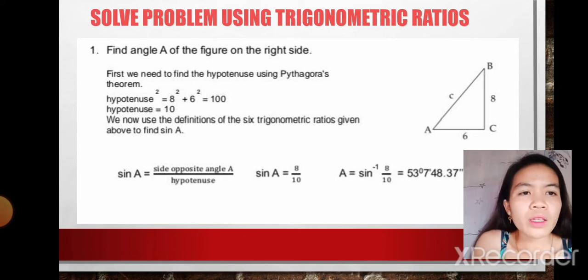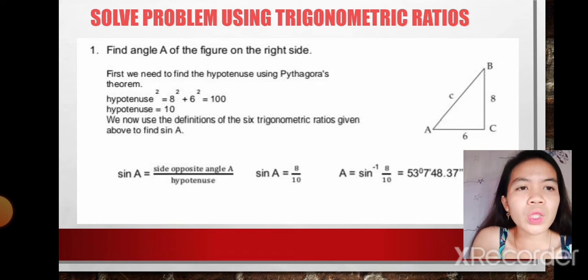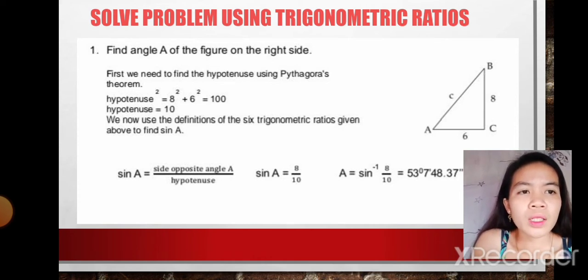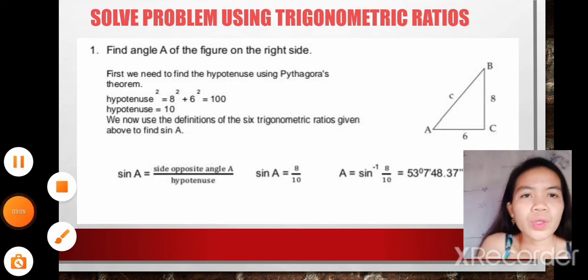So, A is equal to sin raised to the power of negative 1 of 8 over 10, which is equal to 53.13 degrees.